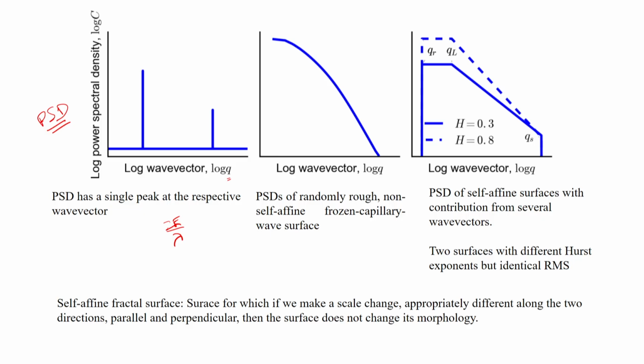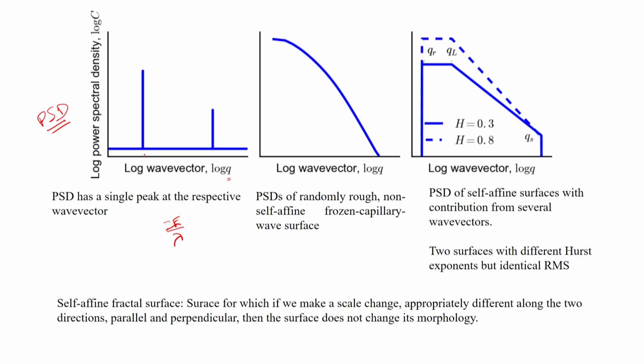In amplitude versus frequency, we know that we can obtain it by the Fourier transform of a signal, right. Very similar thing over here: this is the power spectral density on the y axis in log scale, and here the log of the wave vector Q, and that will give this kind of profile, these two pictures. Now here you see, I told you that this particular surface A is a superposition of two sine waves.